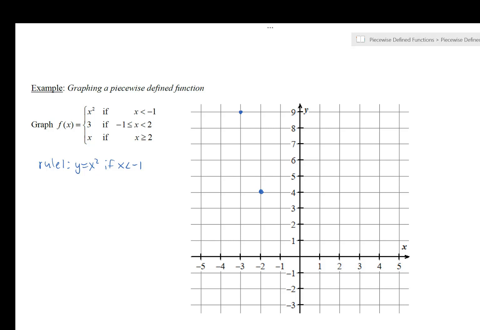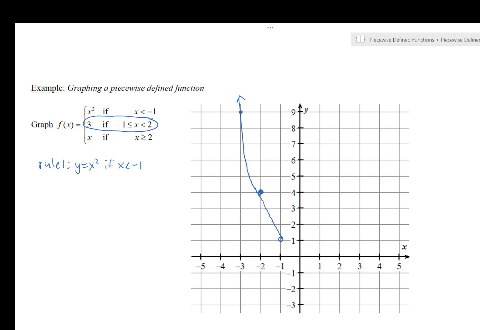When x equals -1, however, you've got to remember that it actually switches rules. So it's going to behave like x squared all the way to -1. We keep going down until we get to -1, but it actually doesn't have a value there for this rule. So we draw a little circle to indicate that it's not defined to be this rule at -1.